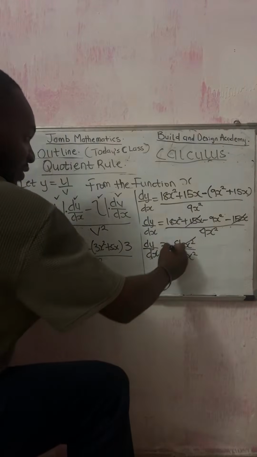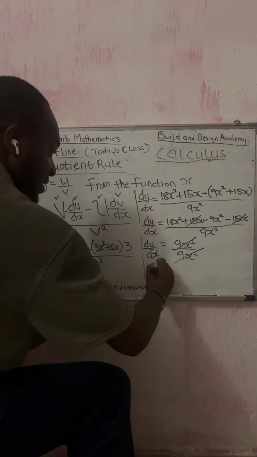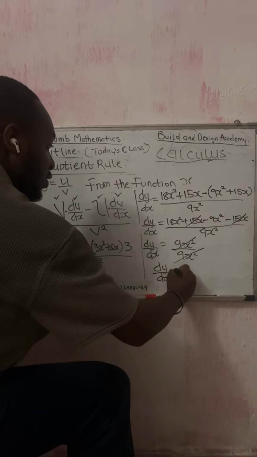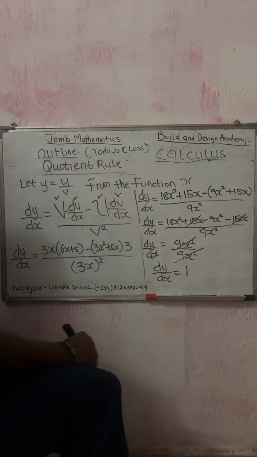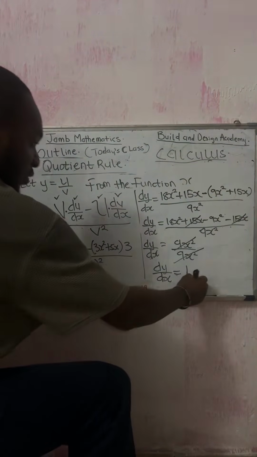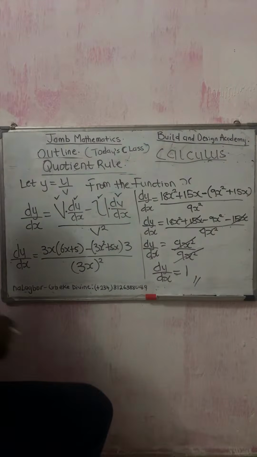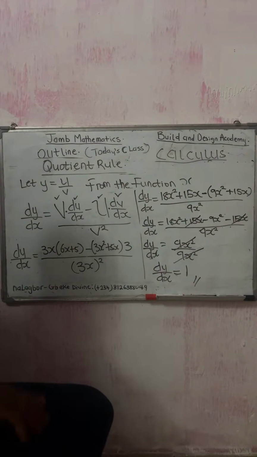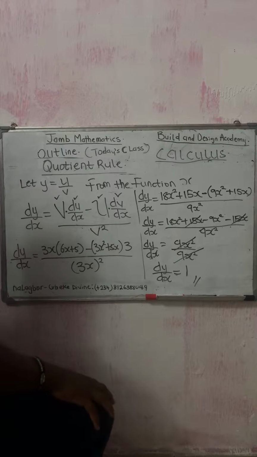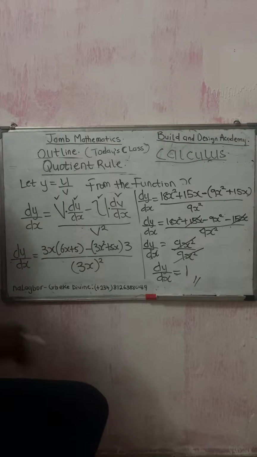So now 9x squared cancels 9x squared, so we have that the y over the x is equal to 1. So this is our final answer using the quotient rule. So we have that the y all over the x is equal to 1.